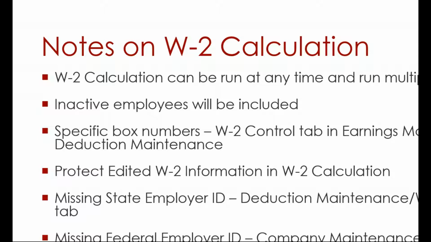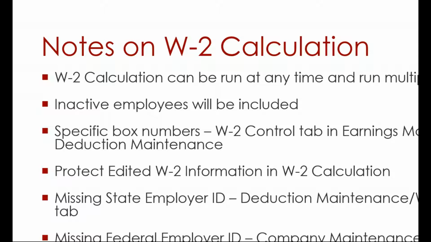If the employee W-2 history screen is used to modify W-2 information using initialize mode and the W-2 calculation process is rerun after that, then all the previous changes will be overwritten. So if you would like those changes to remain intact, be sure to click on the option to protect edited W-2 information at the top of the calculation screen before you run that.